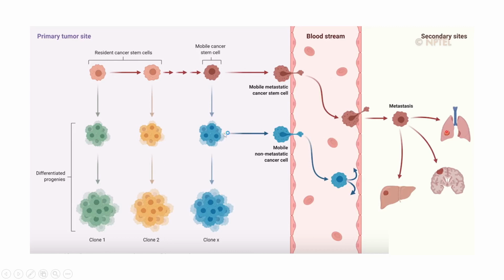Because if you target the normal cell and if only one stem cell is present, then after some period of time the condition will be the same. You might be knowing this terminology called relapsing. After chemotherapeutic treatment, again the cancer got relapsed, and again the cancer got formed.